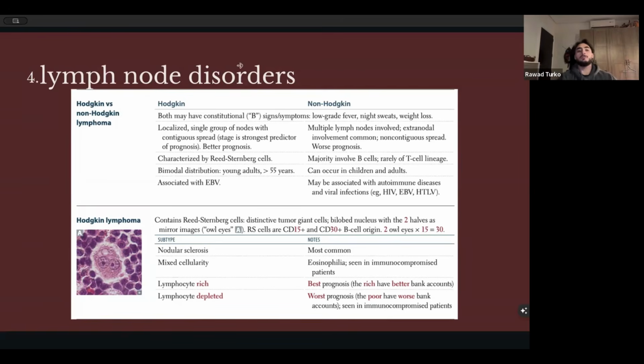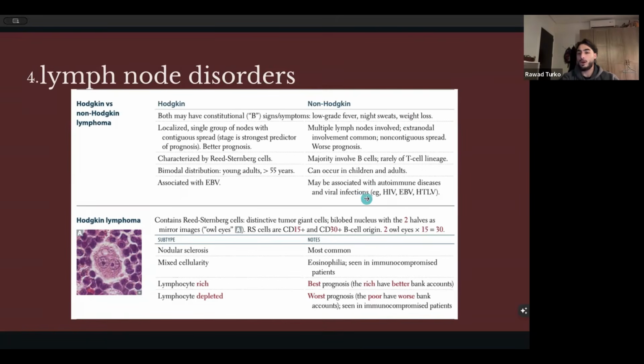Okay. Usually, like I mentioned before, non-Hodgkin is going to be associated with a worse prognosis, and that's because there are multiple lymph nodes involved, extranodal involvement, and you have the Waldeyer's ring involvement. Hodgkin's is going to have a better prognosis usually. Again, some forms of Hodgkin's lymphoma are associated with EBV, more so than non-Hodgkin's.